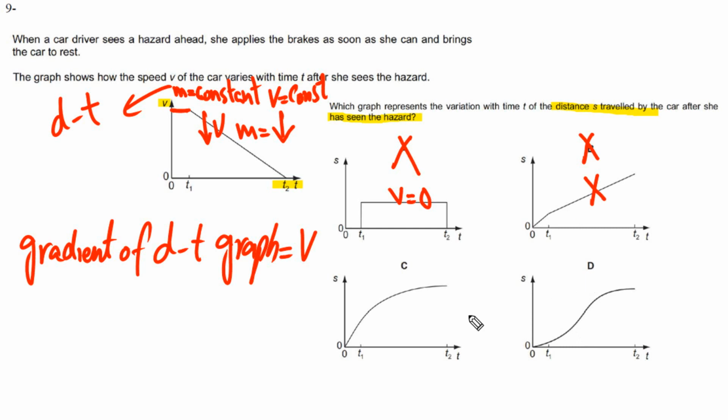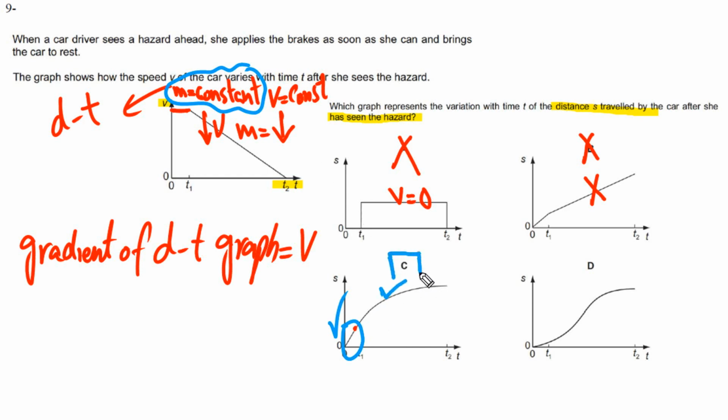Now if we look at C, at the beginning you can see the gradient is constant. After that, the gradient is decreasing. First of all, m has to be constant, so this is true here. After that you can see the gradient is decreasing, meaning the velocity is decreasing, so that is also true.